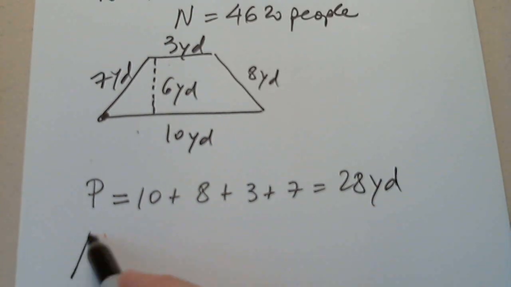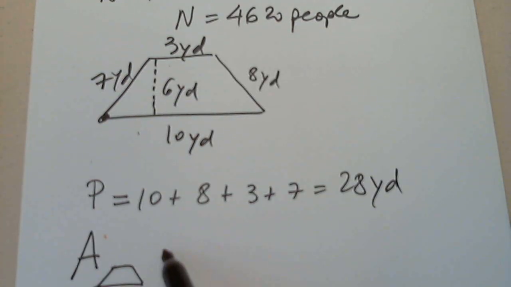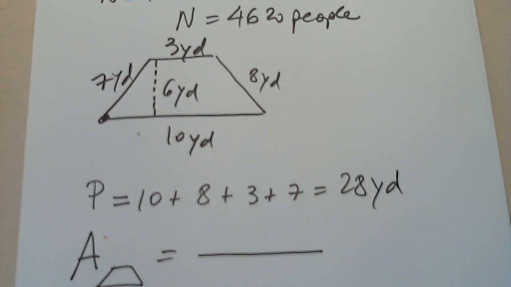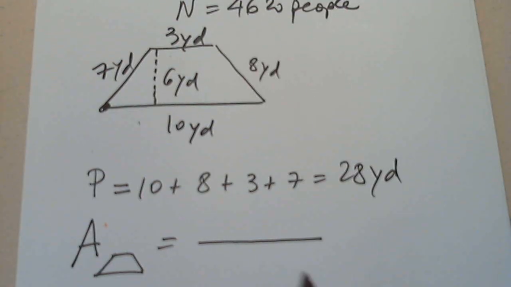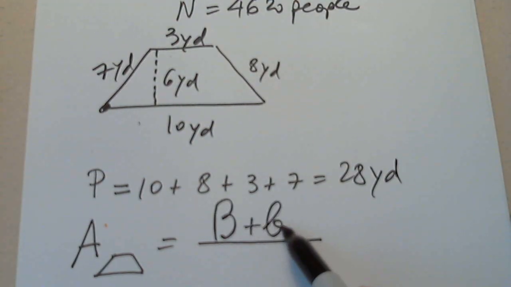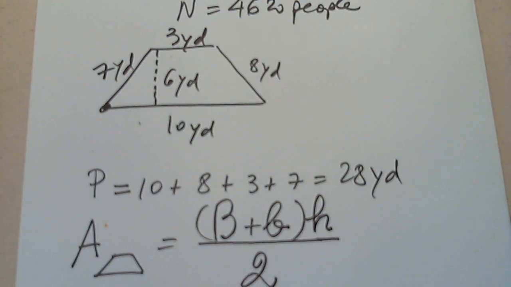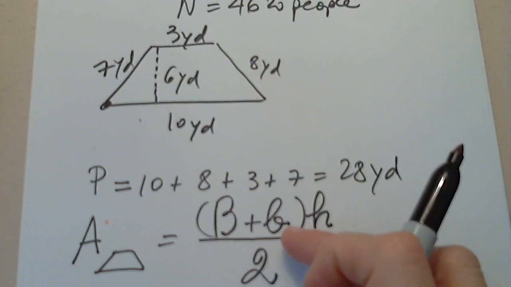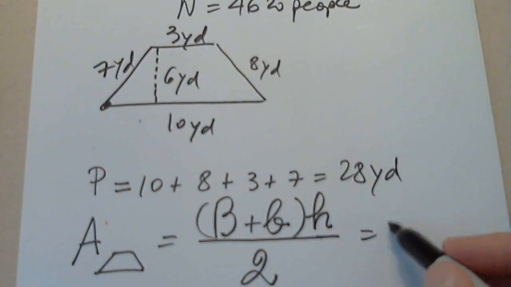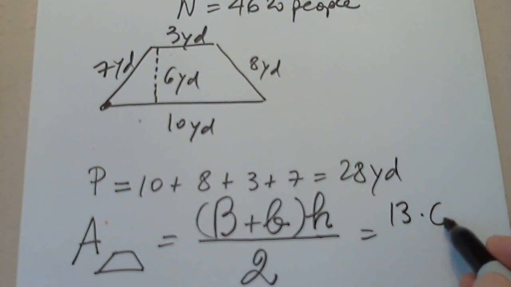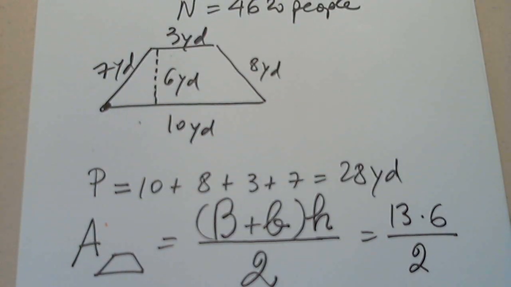When it comes to the area of the trapezoid, the area is calculated with the following formula. Big base plus small base multiplied by the height divided by 2. Everything is given to us. The big base plus the small base is 13. The height is 6. And the denominator is 2.